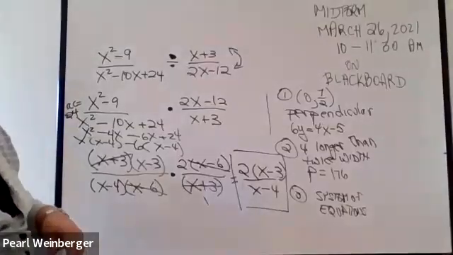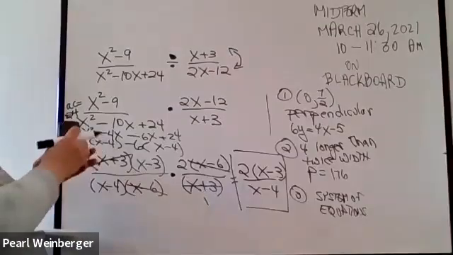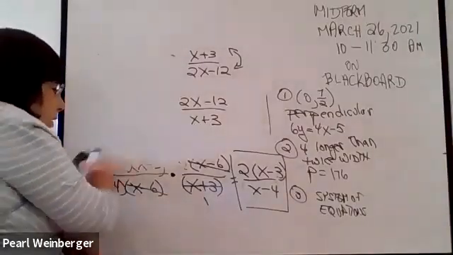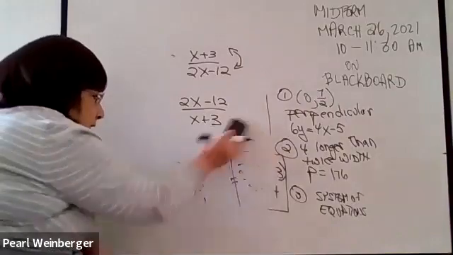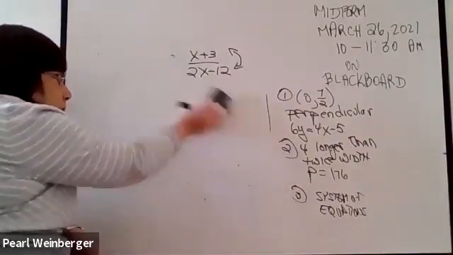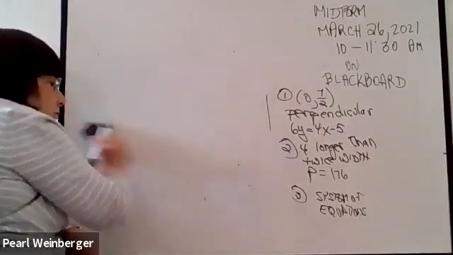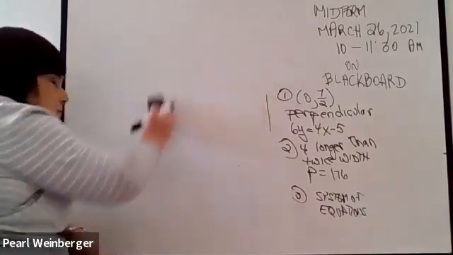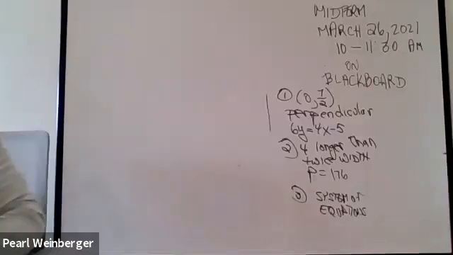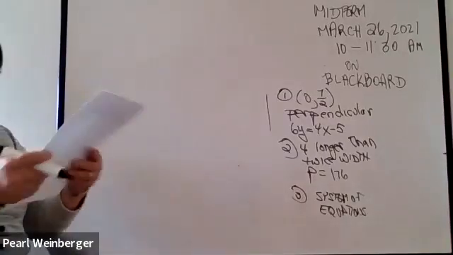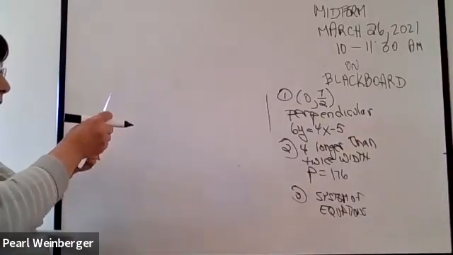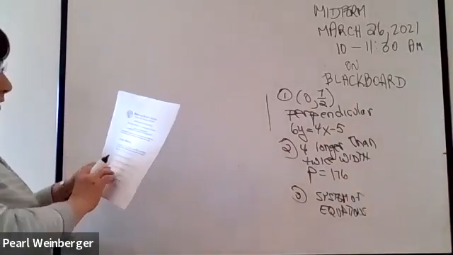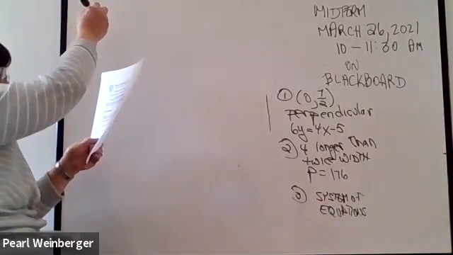Okay, so let me give you one to try on your own. Again, I'm taking this right off this example sheet. This actually happens to be question 4 on that example sheet.